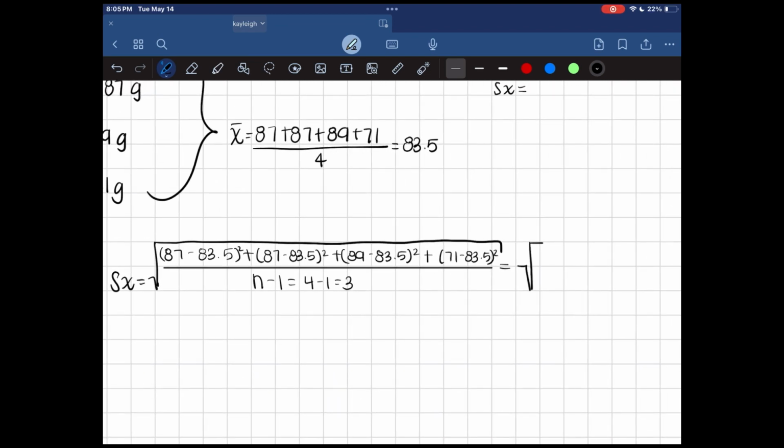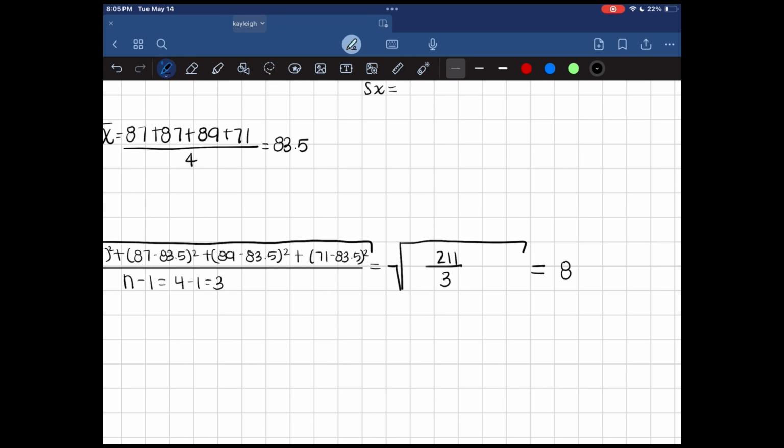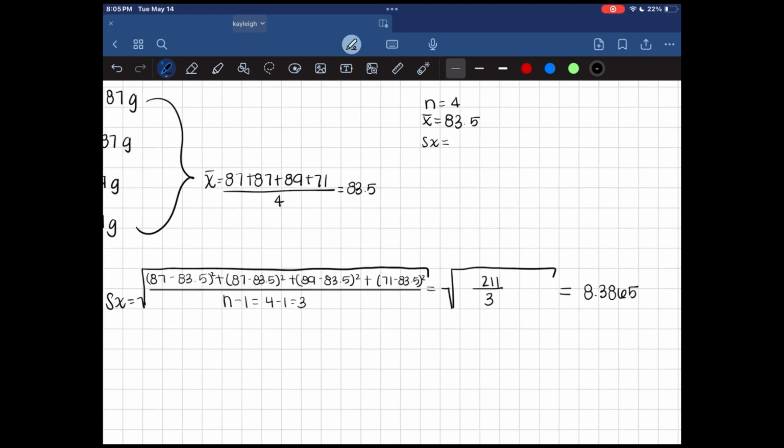You get the square root of 211 divided by 3, and when you do the problem, it's 8.3865 for your standard deviation.